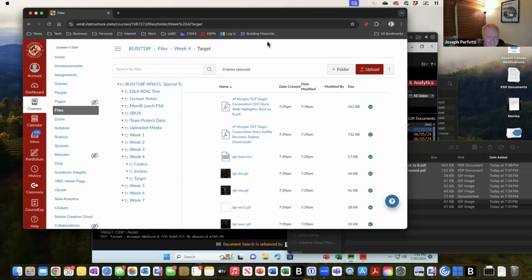All right, so I am going to be using the data for Target, which is in the files folder, to take our NVIDIA model and update it, which means what we're going to do is we're going to start with the NVIDIA as is.